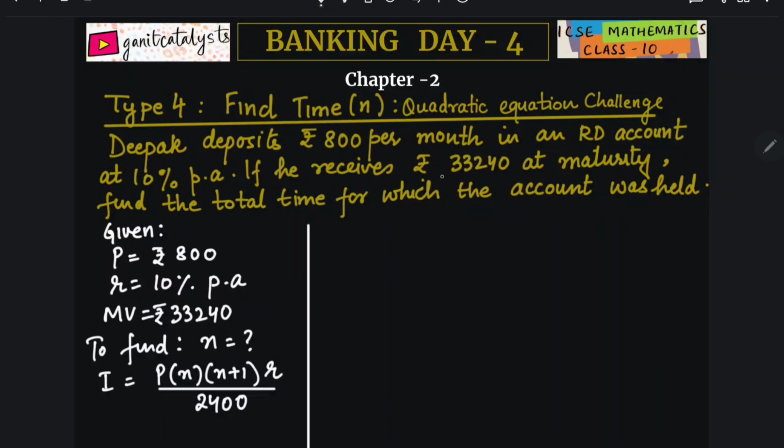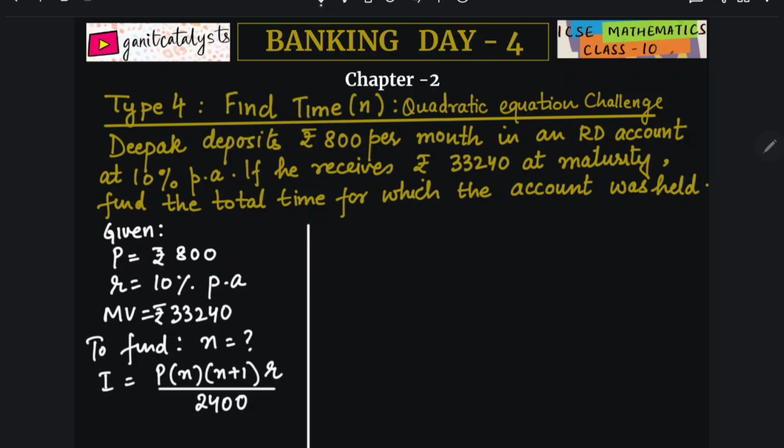If he receives rupees 33,240 at maturity, find the total time for which the account was held. Here the principal is rupees 800, rate is 10% per annum, maturity value is 33,240 and we have to find n. So the first formula to be used is I is equal to P n into n plus 1 R upon 2400.